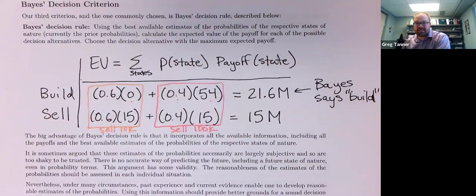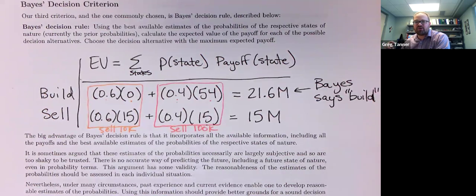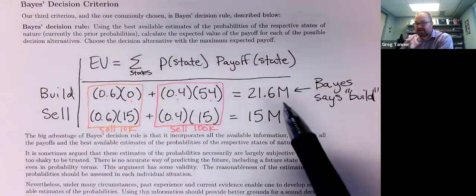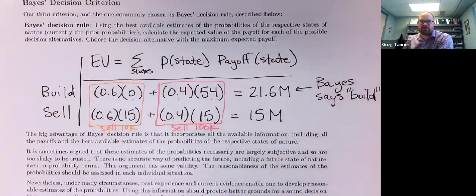Maybe another critique of Bayes' decision criteria is that this is an expected value, which you can think of as a long run average if we were to repeat this process. Now, when you make a decision like this, you're probably only making that decision once. And so you're either going to get 0 or 54 million. You're not going to get this average value of 21.6. So it's only really in cases where you're making many similar decisions that you should expect to realize the average value.